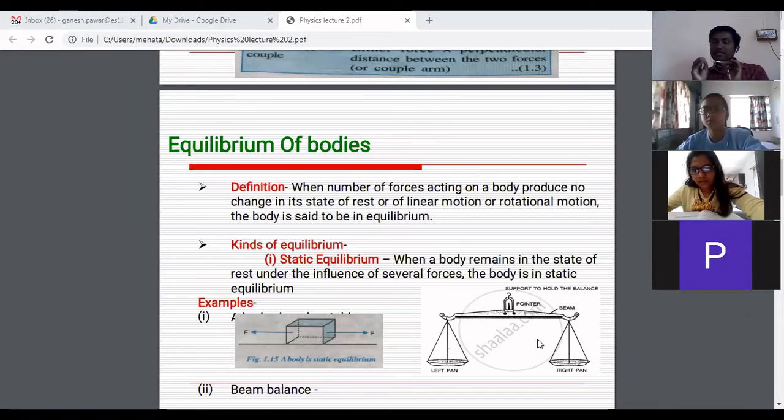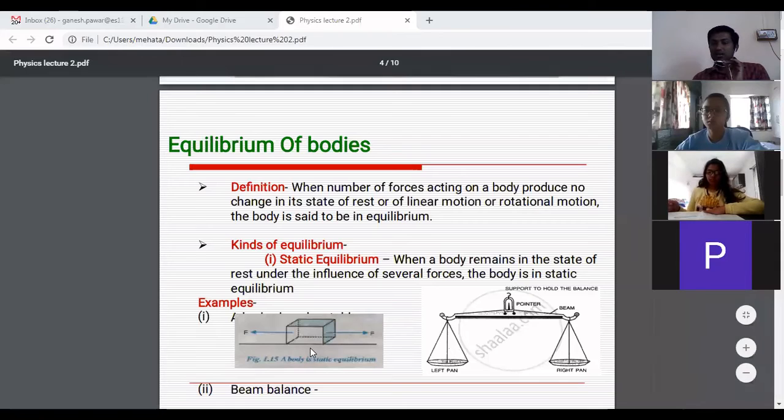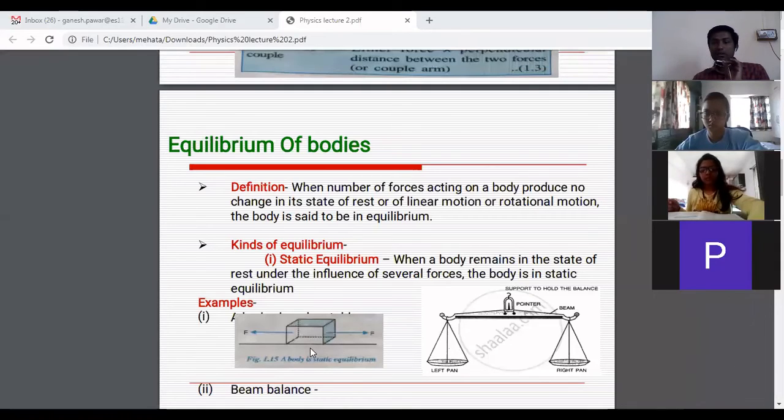Pointer is at the center, which means that both the clockwise moment and anti-clockwise moment are equal and opposite, and we'll say that the beam balance is in a static equilibrium. Under the action of a number of forces, the body is in static equilibrium, and here in the beam balance, under the action of a number of moments of forces, because here the body is pivoted.